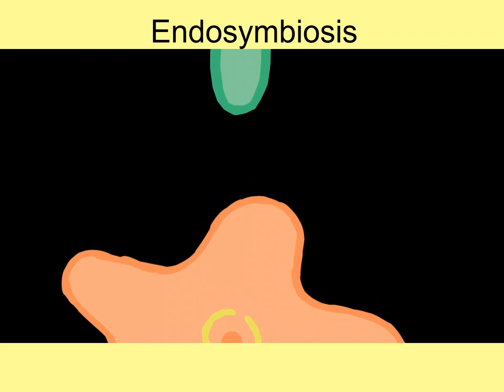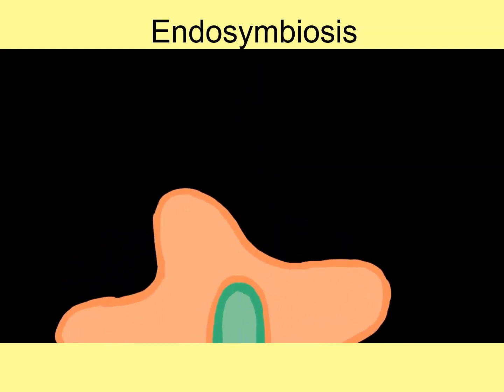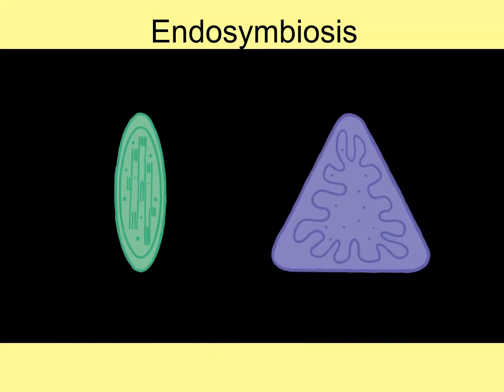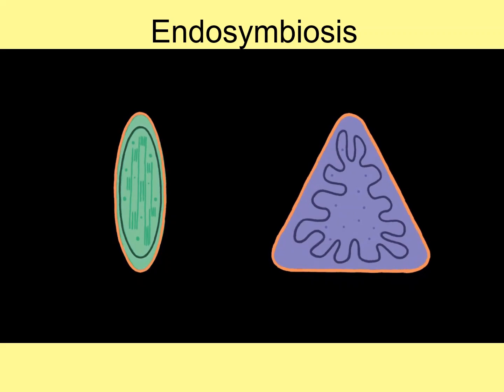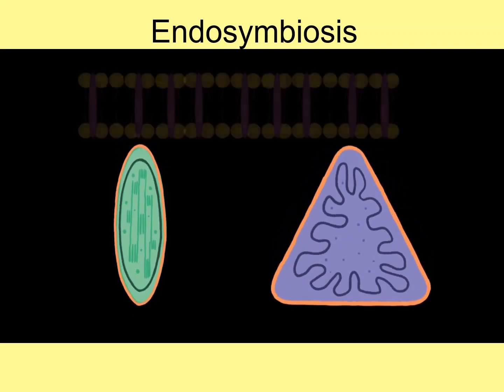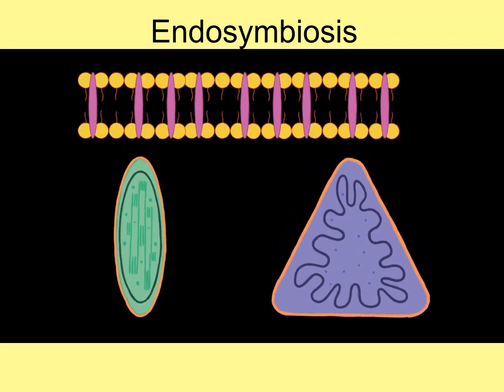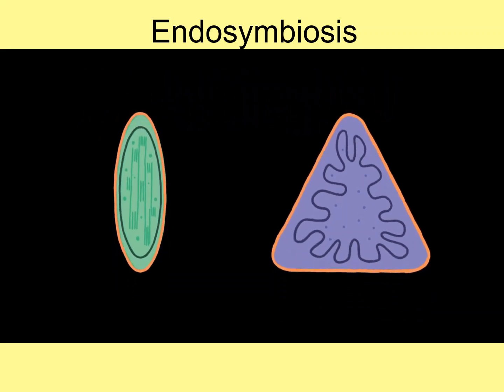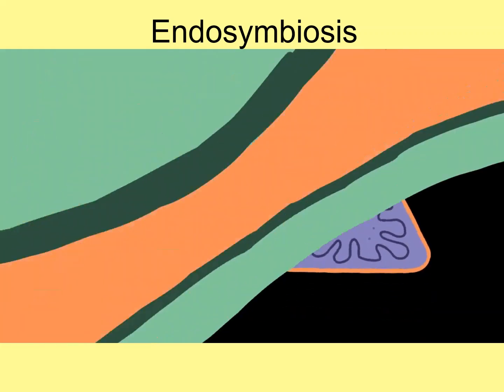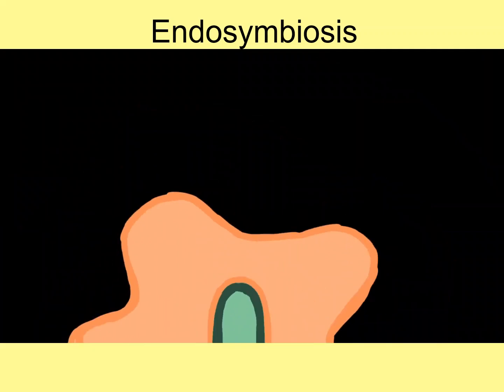Lastly, think about the membranes involved in the engulfing process. Chloroplasts and mitochondria both have 2 membranes surrounding them, an inner and outer membrane. Their inner membrane contains some particular lipids and proteins that are not present in the outer membrane. Why is that significant? Because their outer membrane used to belong to the blob cell.